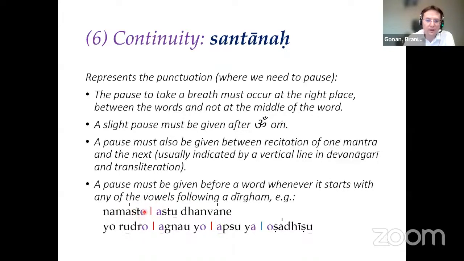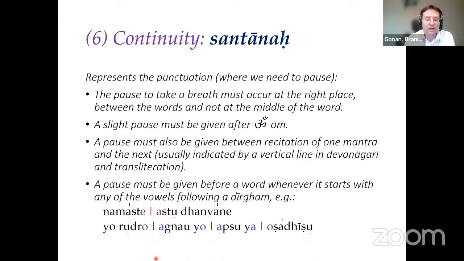Sorry, when we have two vowels and one is dirgham, for example, namaste, and then the following is hrasvam, right? So namaste astu dhanvane. So we need to actually pause by, I would say, maybe even 2 units of time.